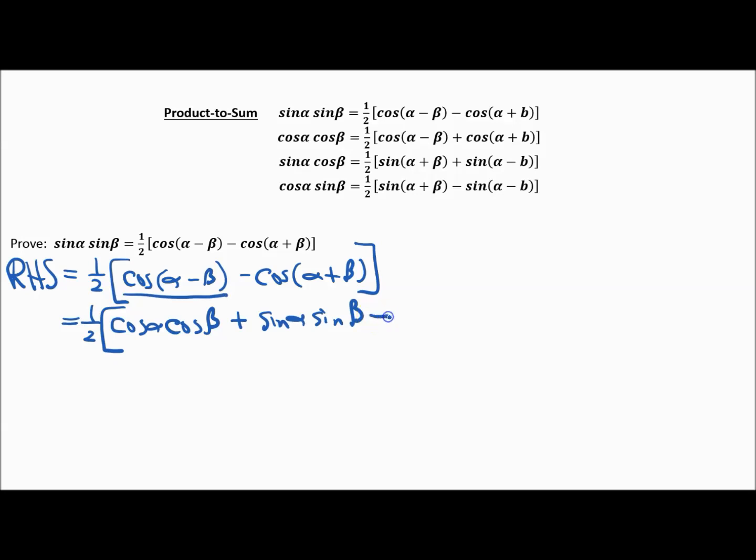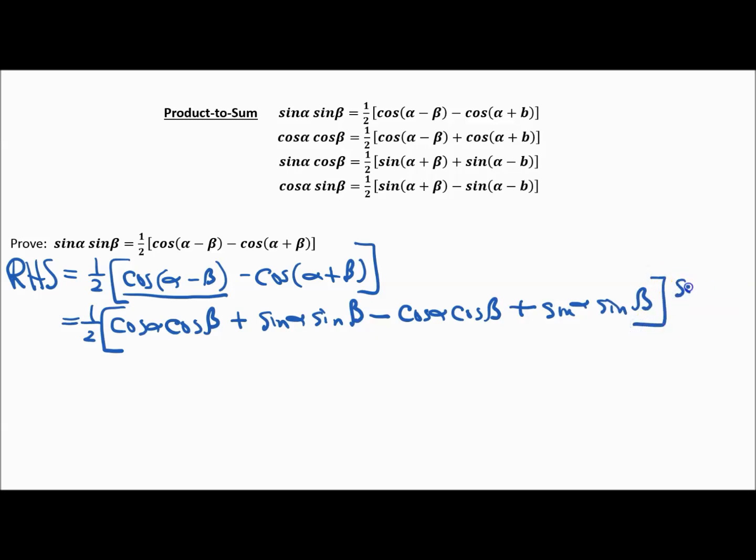And then minus, okay, and now I'm doing cosine of alpha plus beta, which is cosine of alpha, cosine of beta. Now next would be minus, but this minus distributes in after this is expanded. So over here, what again would be minus is going to make that a plus, sine of alpha, sine of beta.